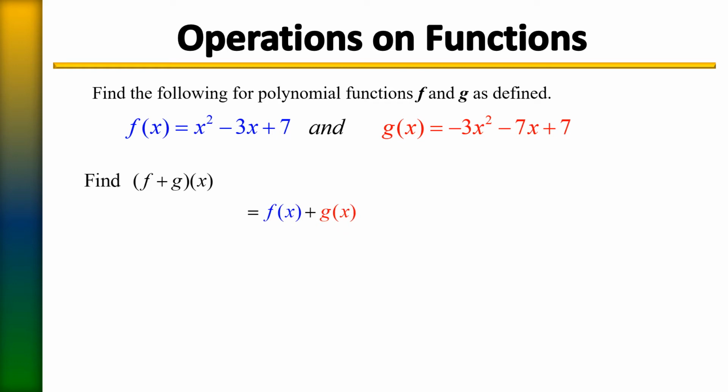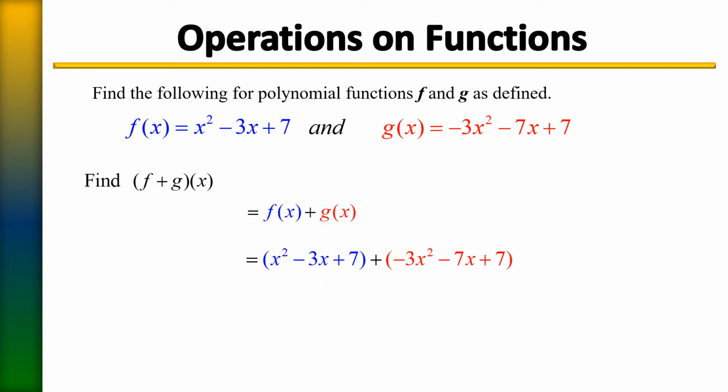Again, we're going to add these two functions together. If we take a look at our squared terms, we have a positive 1 and a negative 3. That's going to give us negative 2x squared. For our first degree terms, we have a negative 3 and a negative 7.